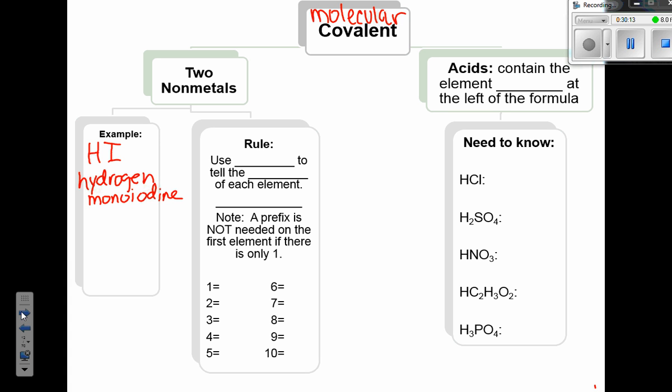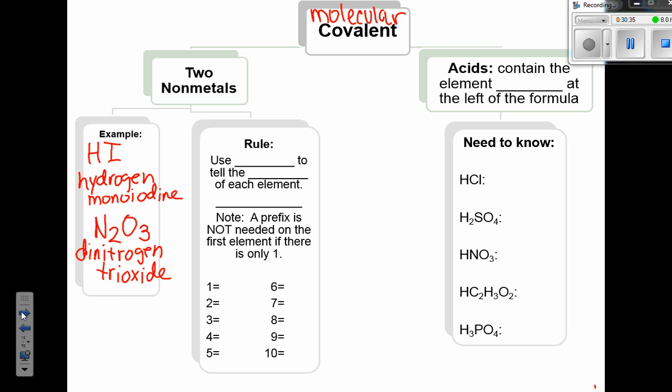What about this one? Dinitrogen trioxide.